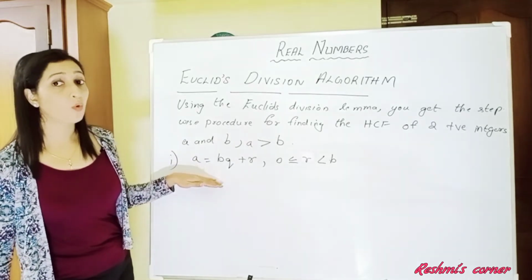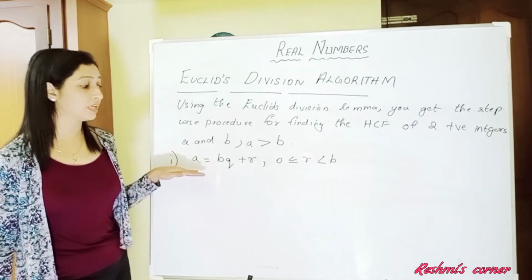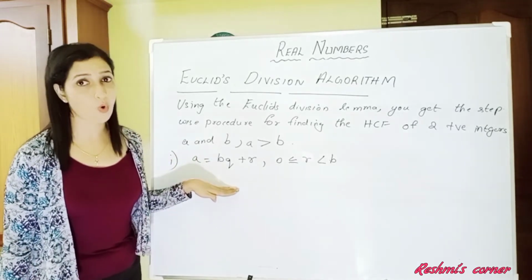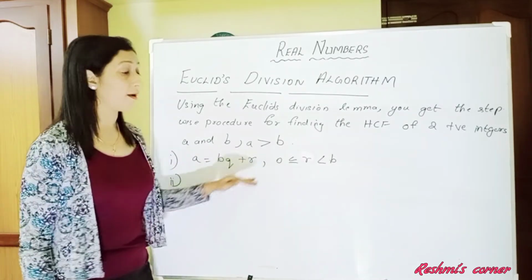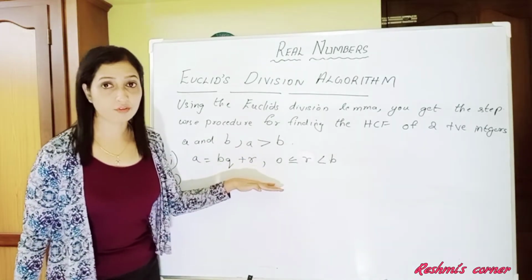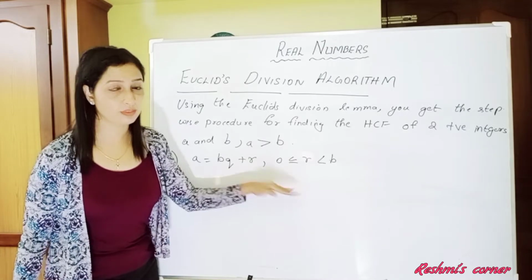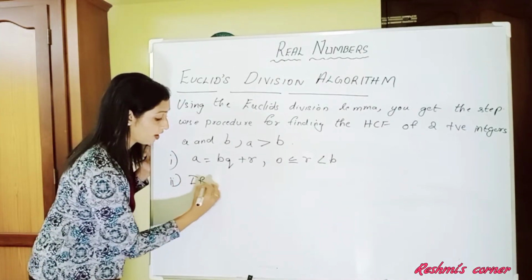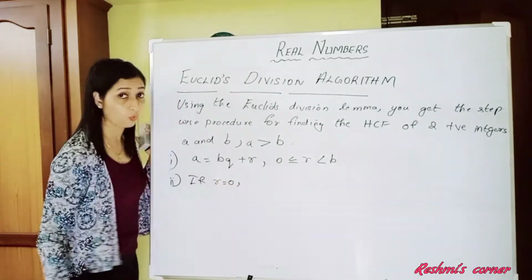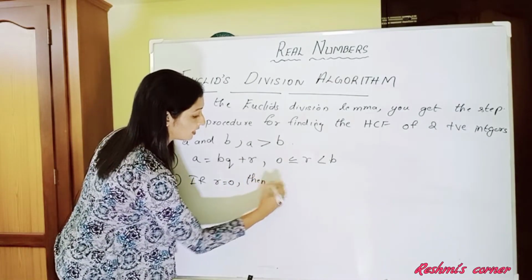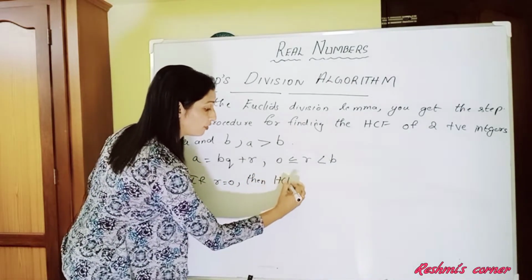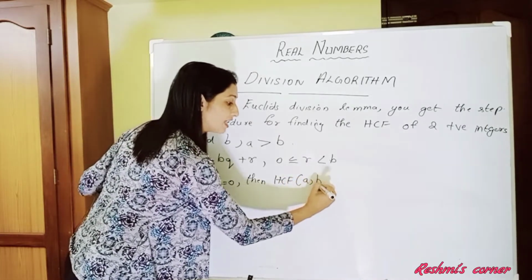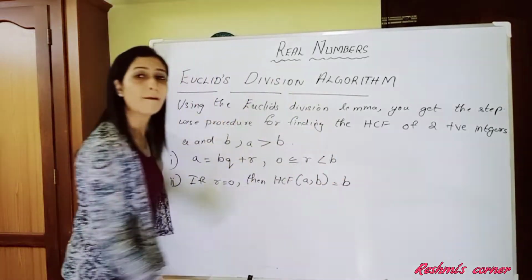Here, when we substitute our numbers A and B, we get two whole numbers Q and R. But if our remainder is 0, then what happens? That is our second condition. If R is equal to 0, then the HCF of A and B is equal to B.